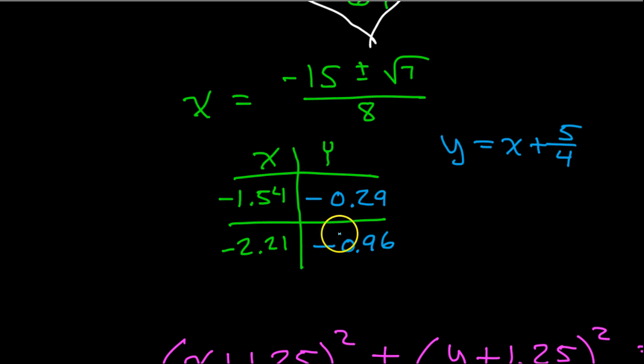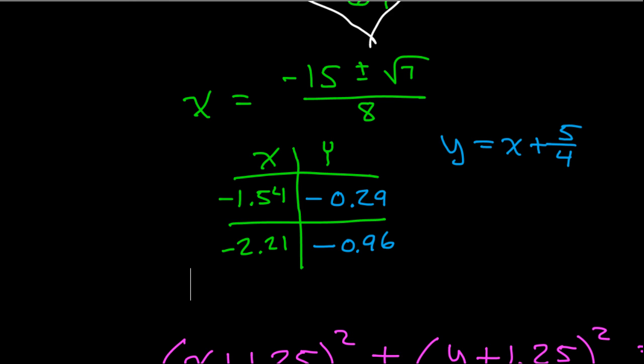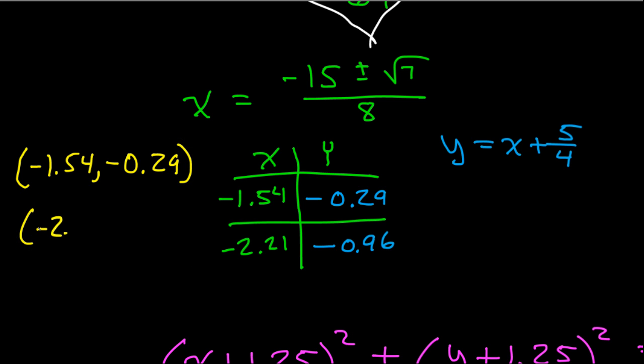So, unless I've made a mistake somewhere along the way, these should be the coordinates of the intersection of our two circles. Okay, so we're talking about the points which are negative 1.54 comma negative 0.29 and negative 2.21 comma negative 0.96.